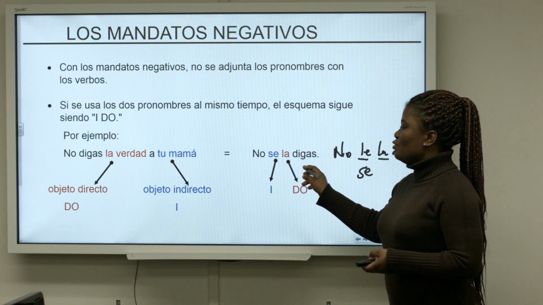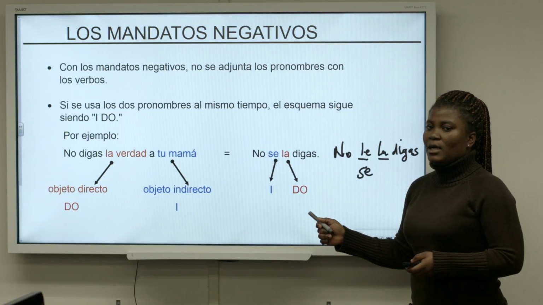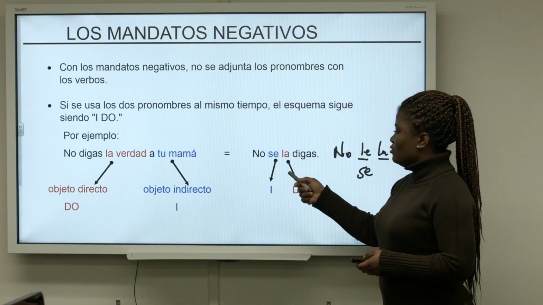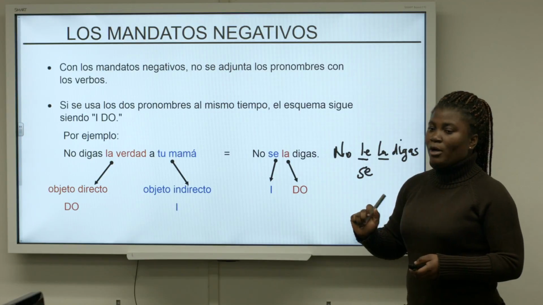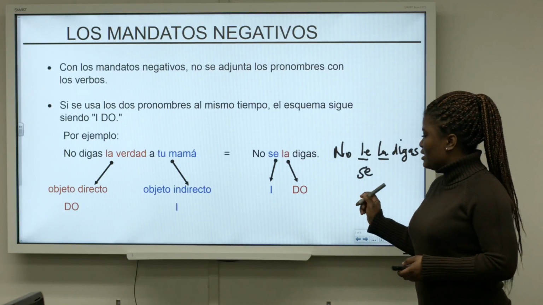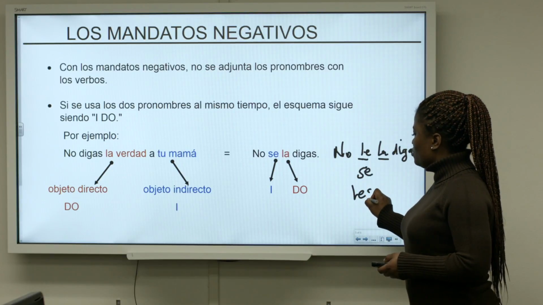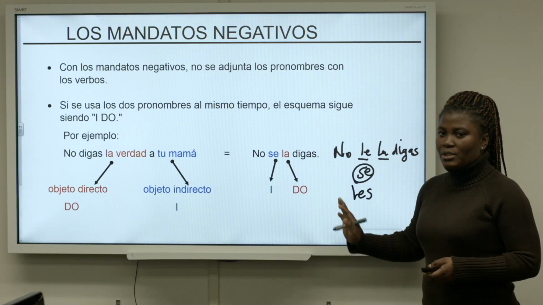When you want to use the pronouns in place of the nouns, you have to follow the I-DO structure. And if you are using the third person singular le or the third person plural les, then you have to use them as se. If it's les, it also changes to se. So le and les always change to se.